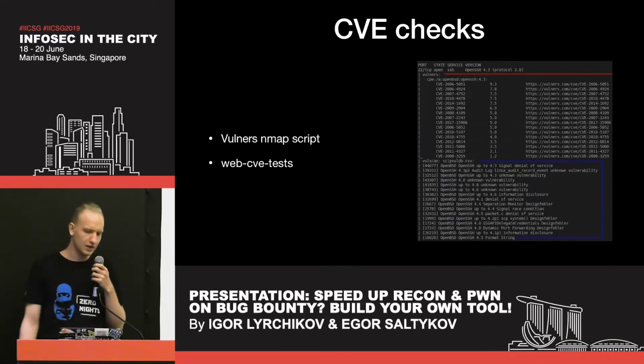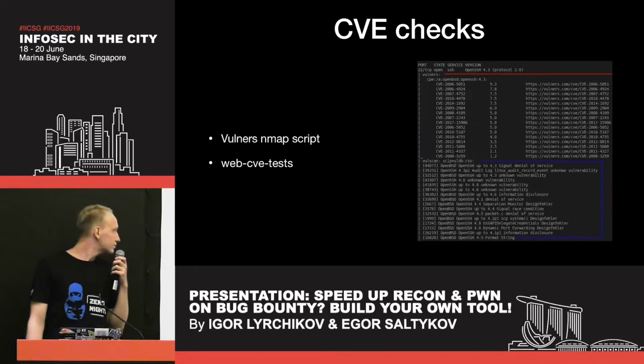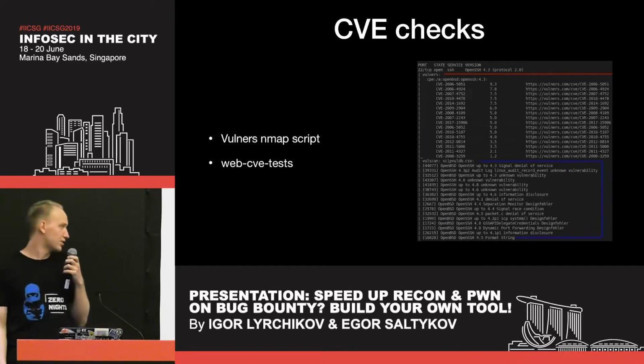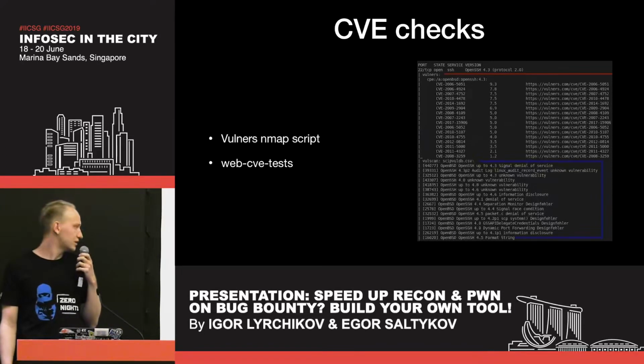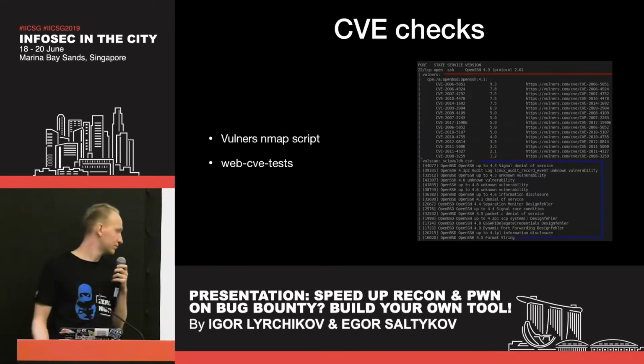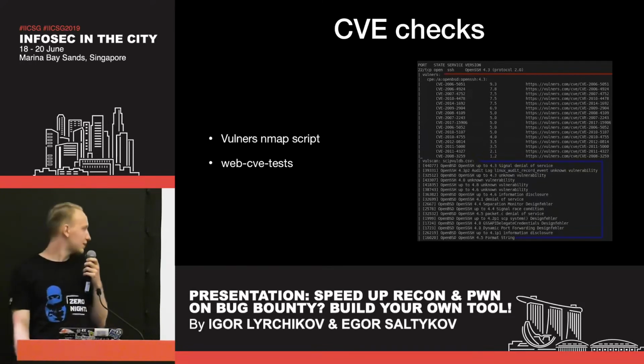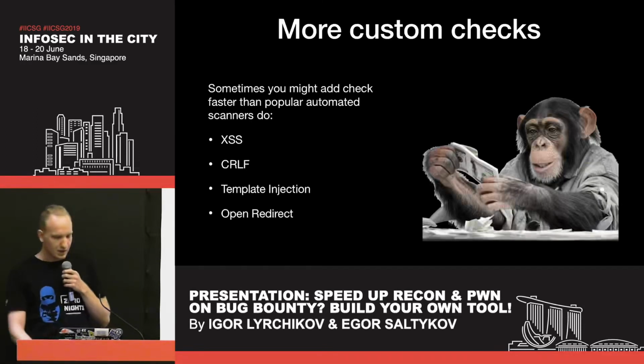And a few months ago, I found the repository called web CVE tests, and it refreshes really often, and you can include it just to check some kind of web application issues.